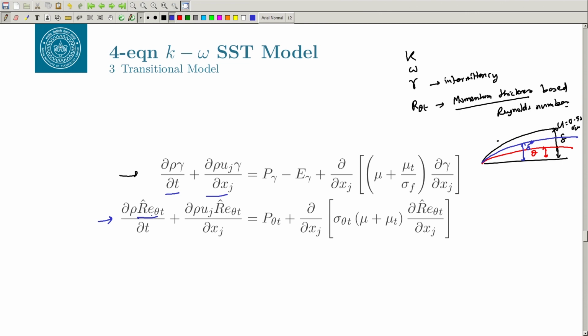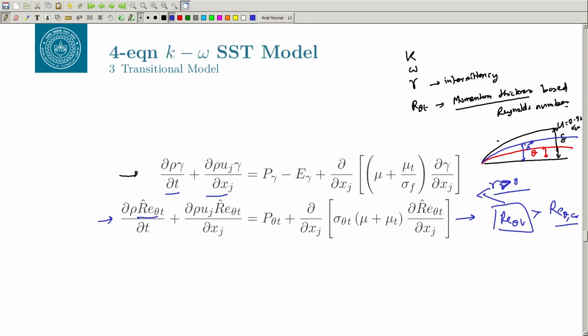So, you will be solving these equations and comparing with the experimental data or computational data like that from DNS, and make sure that if my Re theta t found from this equation is equal to Re theta critical, then you turn on gamma, gamma greater than 0 here.